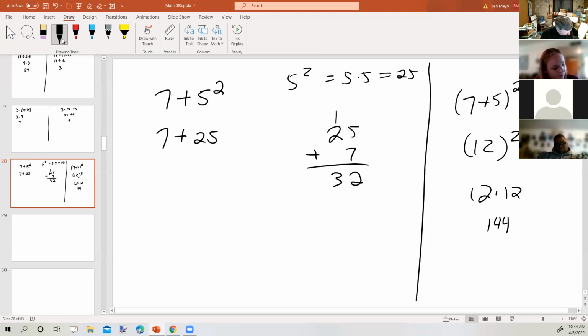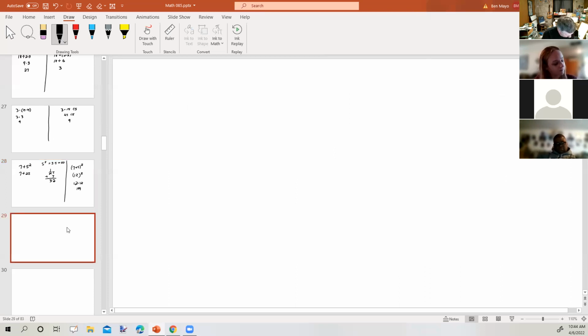How about, let's see here. This one. Parentheses, 8 divided by 2, close parentheses, cubed. So we've got a grouping symbol, we've got a division symbol, we've got an exponent. You would do the grouping symbol first.